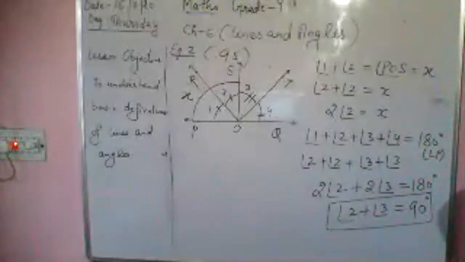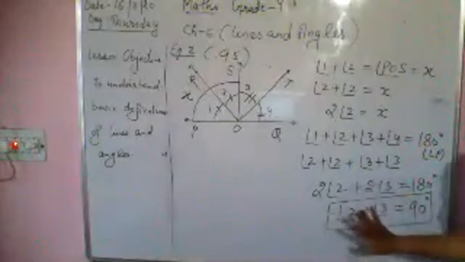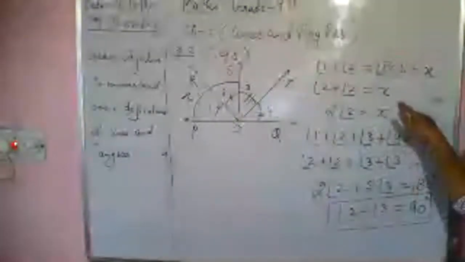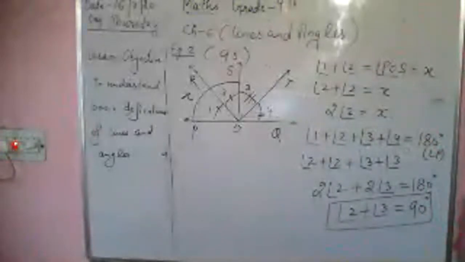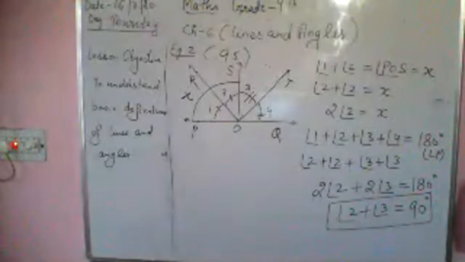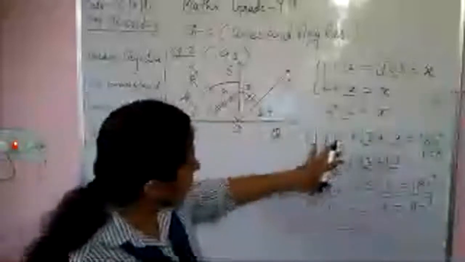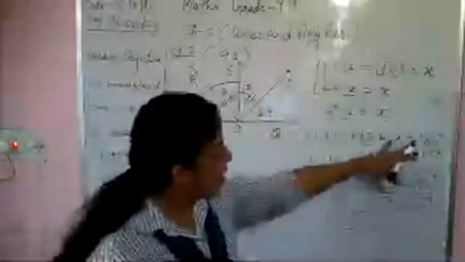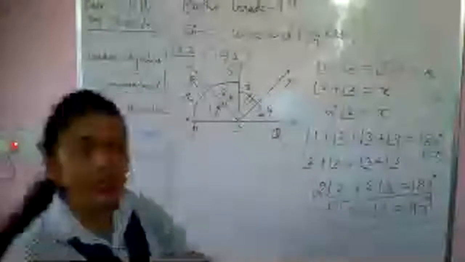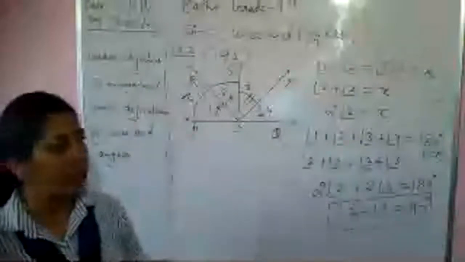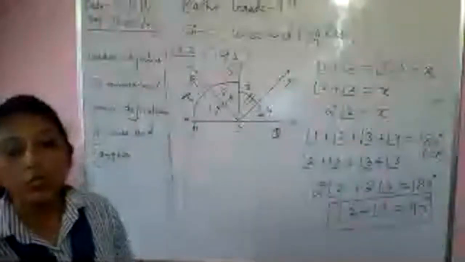Or one thing more you can do, in place of twice of angle 2 you can put X also here, and you will again get the value of angle 2 plus angle 3. But this is the simple way. No need to do anything else, just replace 1 by 2 and 4 by 3, and you will get your answer in one step. This is the simple way to solve example number 2.